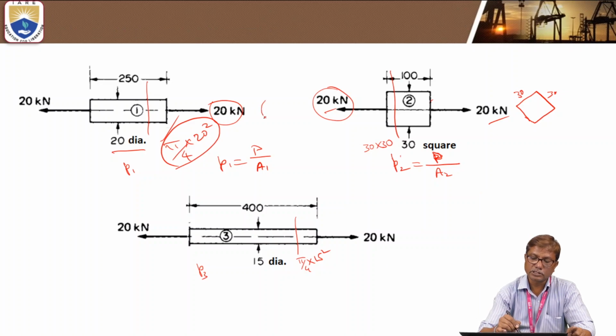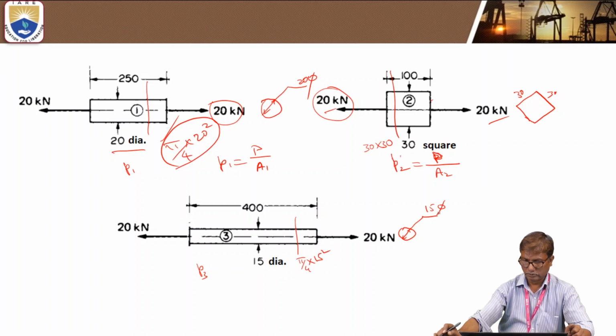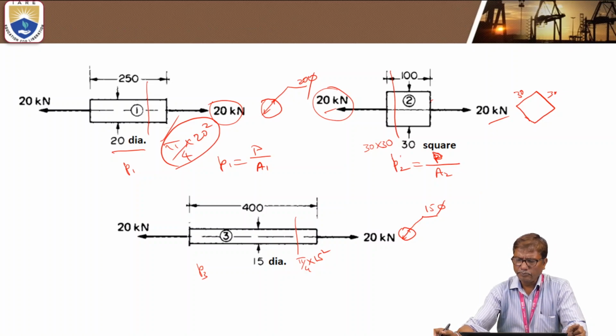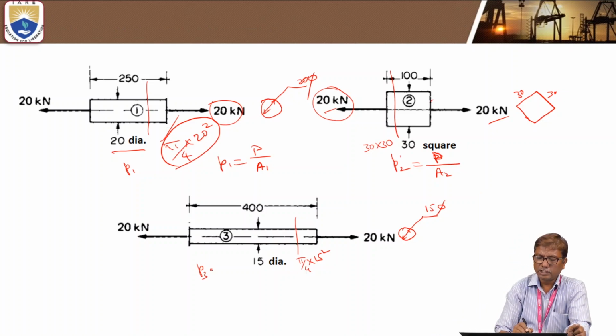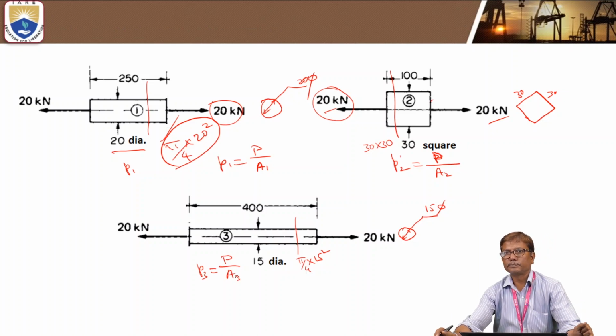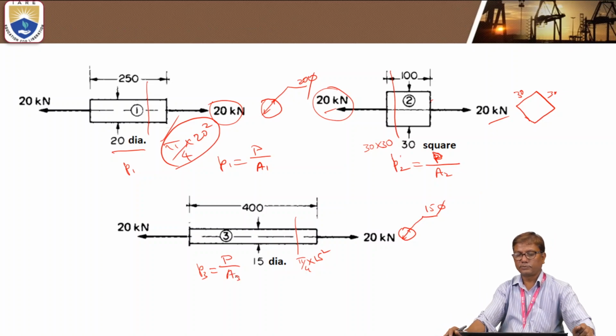And here the cross-section is a circle of 20 mm dia. And here the cross-section is a circle of 15 mm dia. Okay. And what is P3? The stress in portion 3, tensile load by area 3, pi by 4 into 15 square.